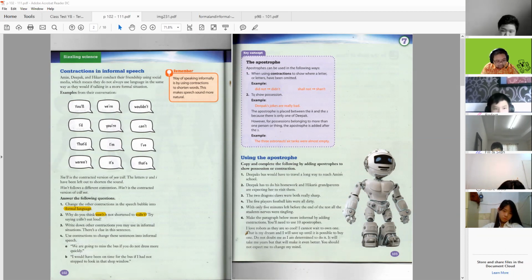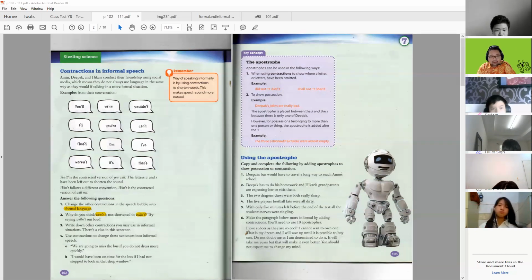Ought of is the short form of ought have. Now, ought have has a similar meaning to should have. Yeah, it is rarely used.